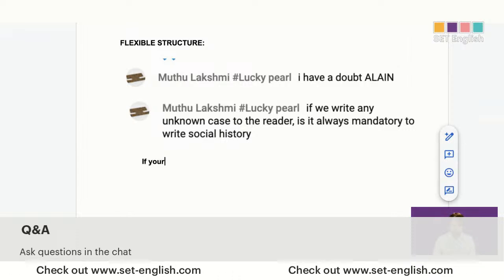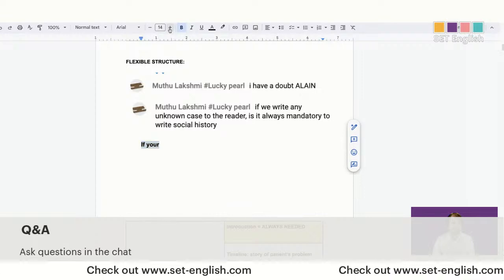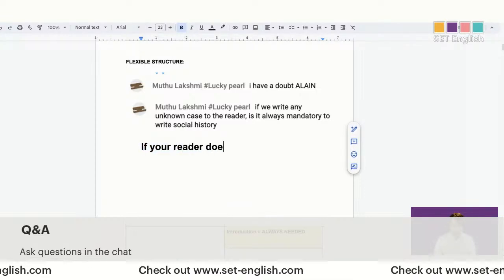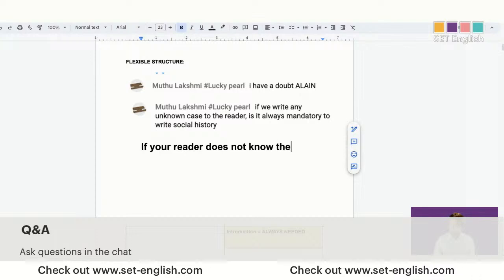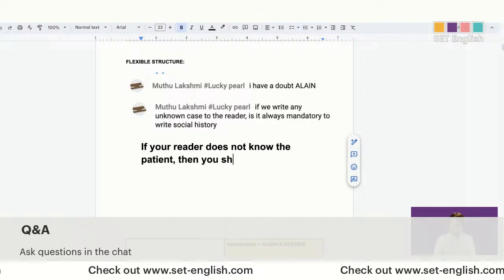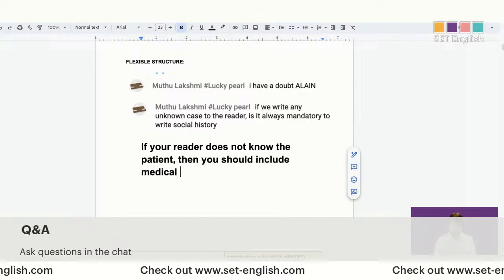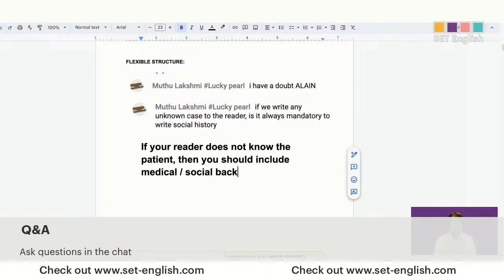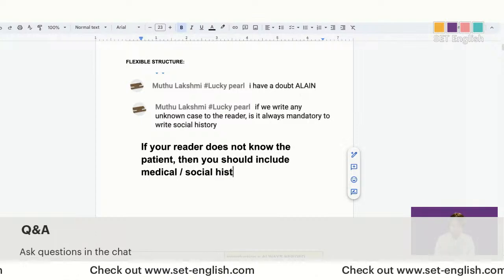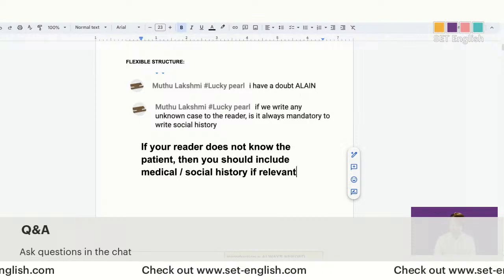If your reader does not know the patient, then you should include medical and social background, if relevant.